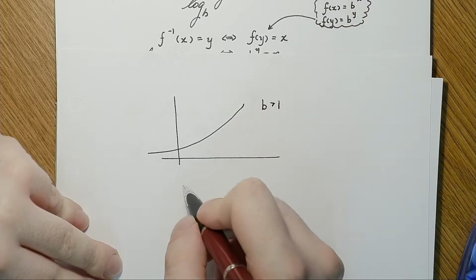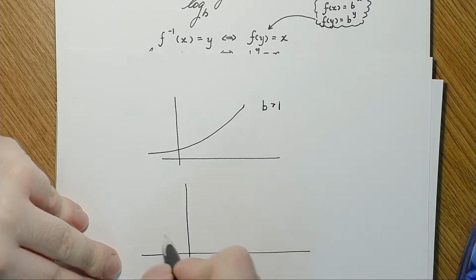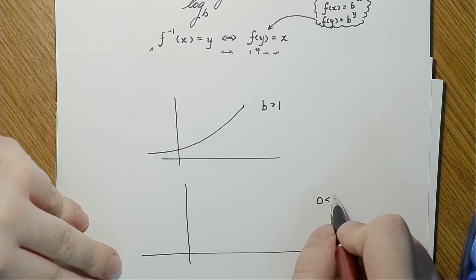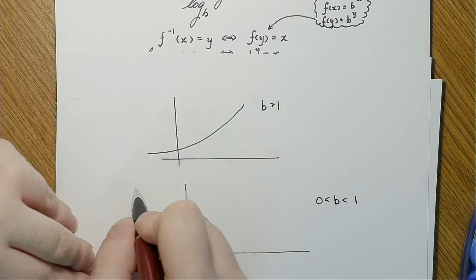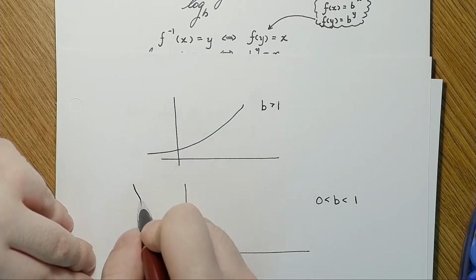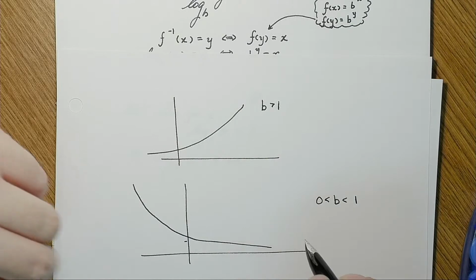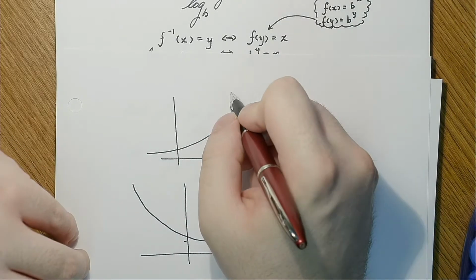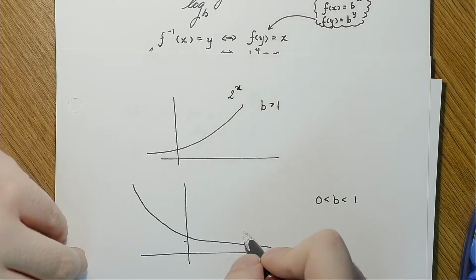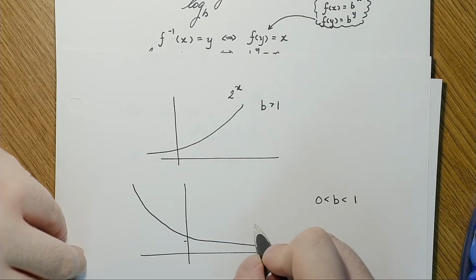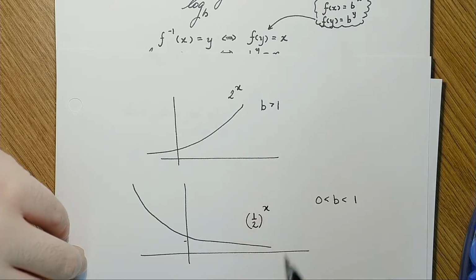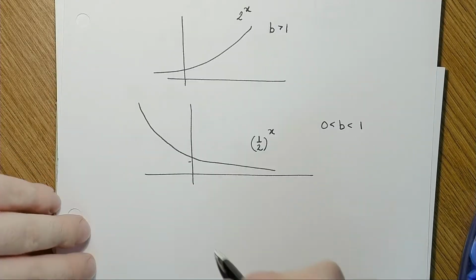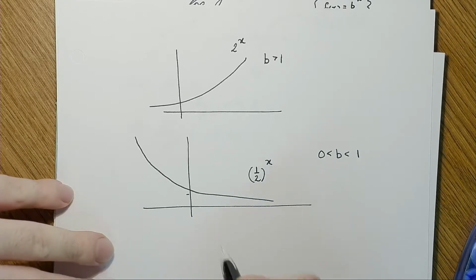Or if b was between 0 and 1, then instead it was flipped like that. So if this was 2 to the x, then something like 1/2 to the x would be like that.